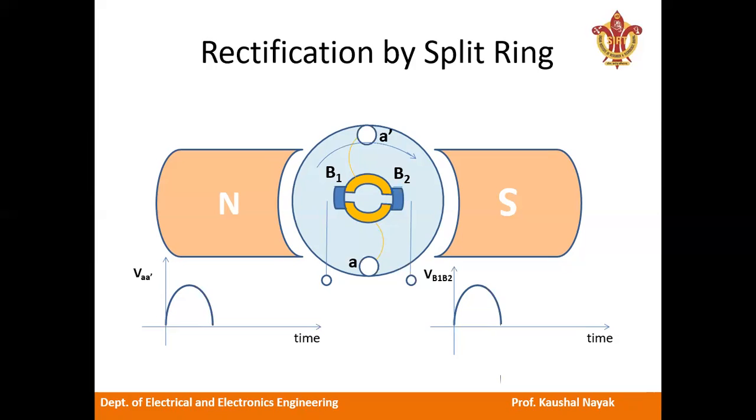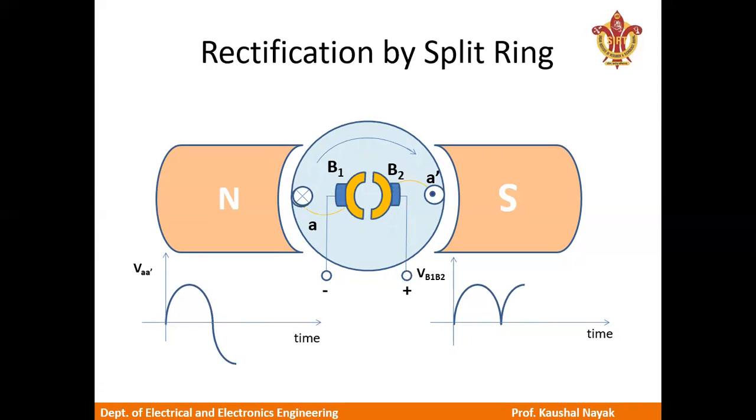V A dash is equal to V B1 B2. This is for the half cycle rotation. For another half cycle rotation, the armature changes its polarity, but the voltage picked by the brushes doesn't change its polarity.